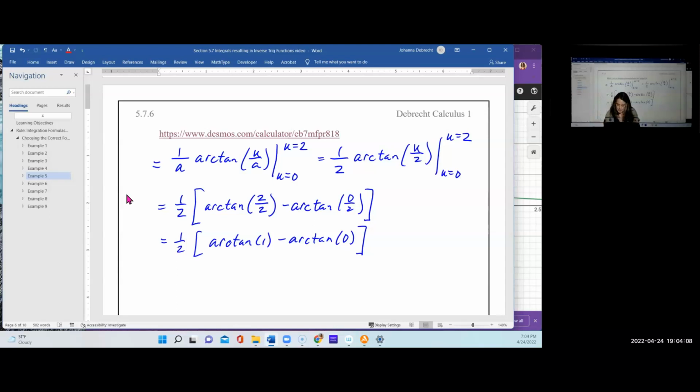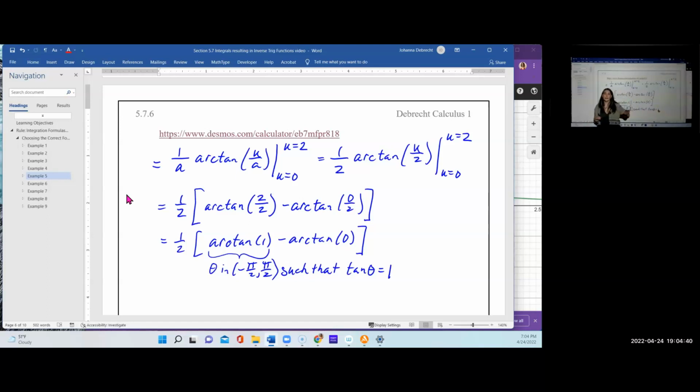Let me write this down. This represents theta in the open interval negative pi over 2 to pi over 2, the range for the arctangent, which is going to give us the tangent of theta being 1, all right? Now, when do we get the tangent of an angle equaling 1?